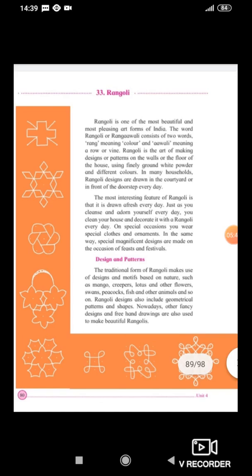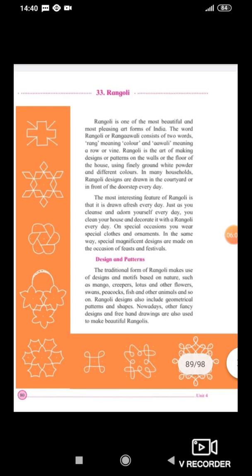The most interesting feature of rangoli is that it is drawn afresh every day. Also, it is drawn in different, various colors.